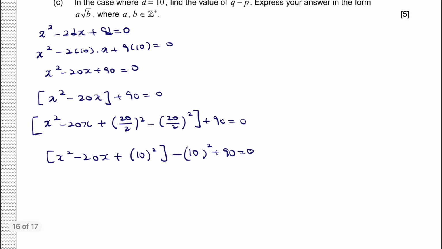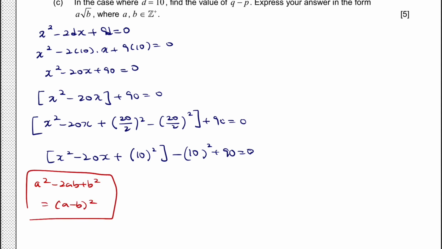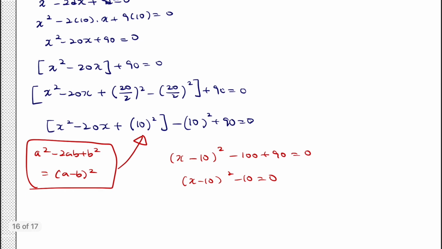Then using the a squared minus 2ab plus b squared equals (a minus b) squared rule, we can simplify this into (x minus 10) squared minus 100 plus 90 equals 0, right? Then this is the same as (x minus 10) squared minus 10 equals 0. And this is the same as (x minus 10) squared equals 10.